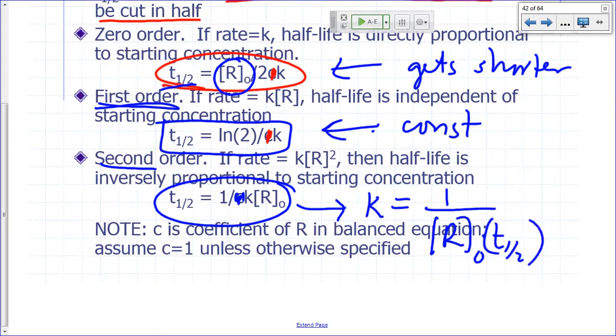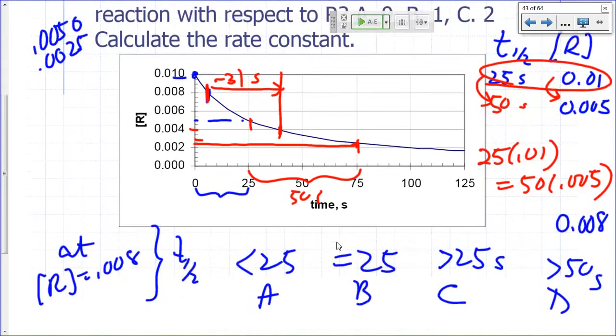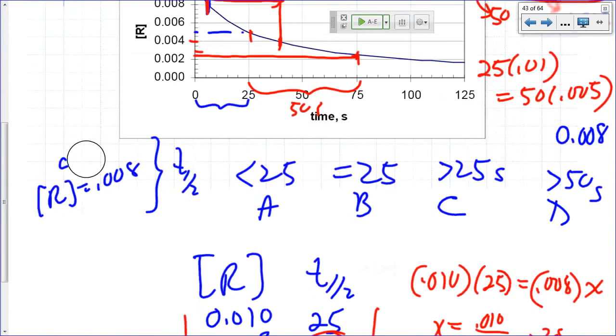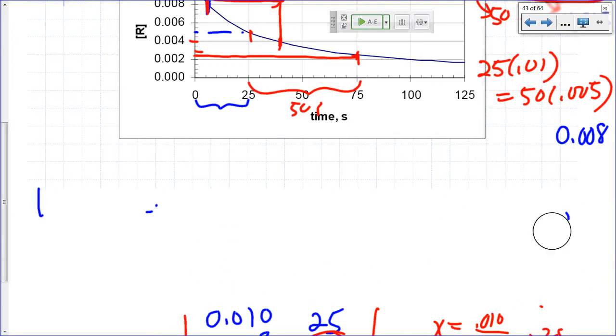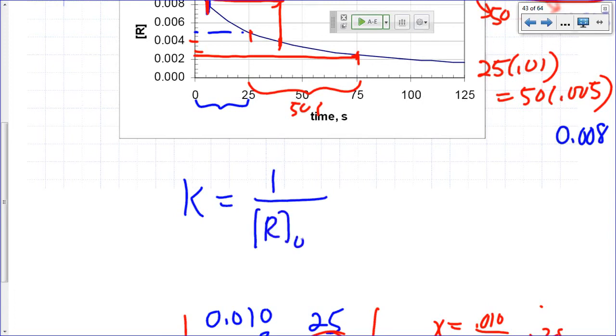Okay? So that would be the rate constant for a second order reaction. So going back to our example, what's our rate constant? Our second order rate constant is 1 over R naught, the starting concentration, times the half-life.